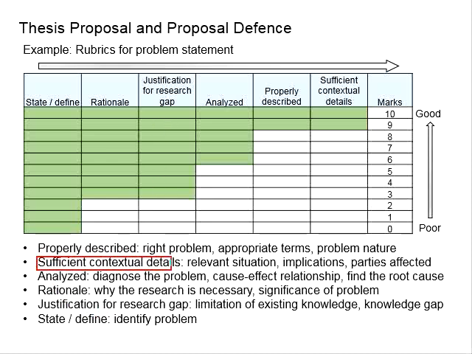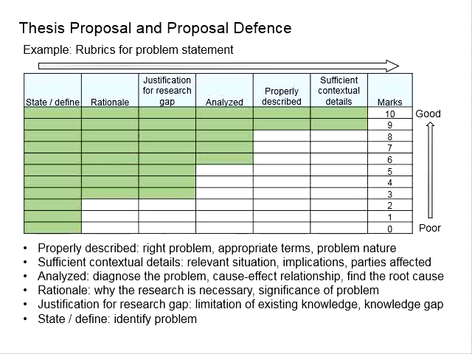Sufficient contextual details means you relate to relevant situations, know the implications, know the parties affected, supported with facts and figures which are undeniable. Properly described means you are talking about the right problem, using appropriate terms, and know the nature of the problem.